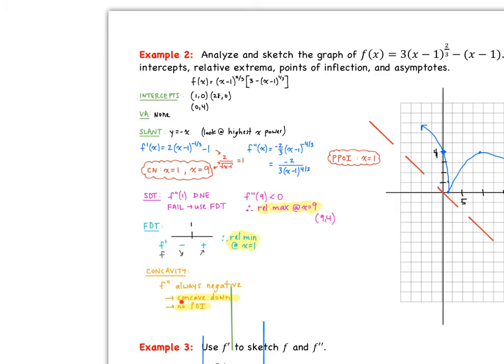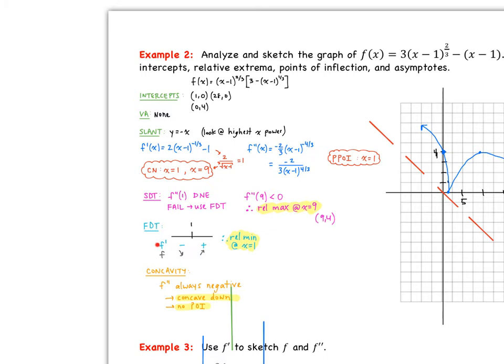So that also means we don't have any point of inflection, okay? So now since we were able to easily find our second derivative, and we know it's always negative, we can test our critical numbers. However, when we test x equals 1, our second derivative doesn't exist. So we can't use the second derivative test here. We have to jump to the first derivative test for when x equals 1.